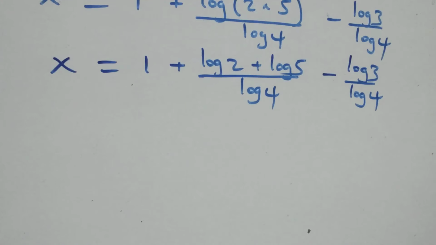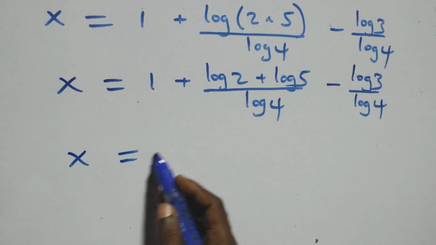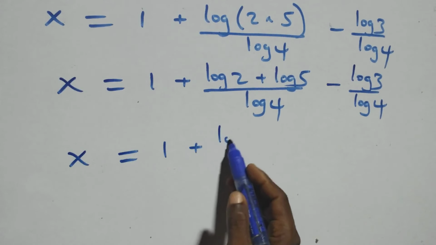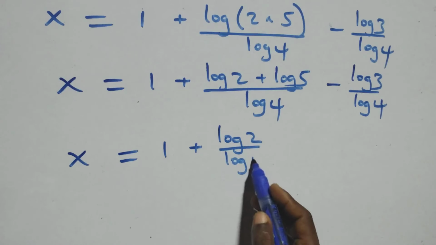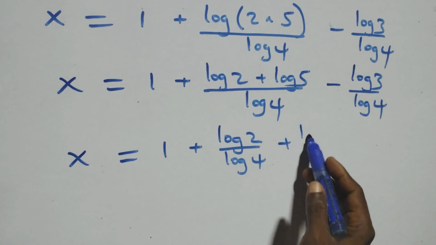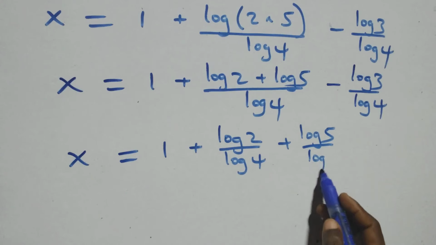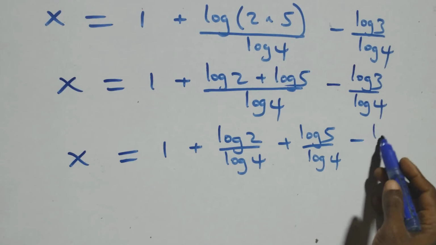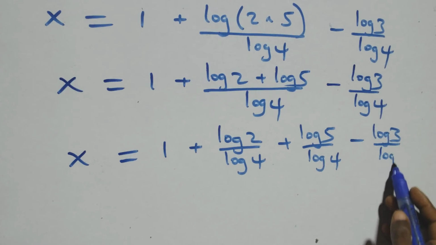As this here, we separate into two fractions. We have x equals 1 plus log 2 over log 4 plus log 5 over log 4 minus log 3 over log 4.